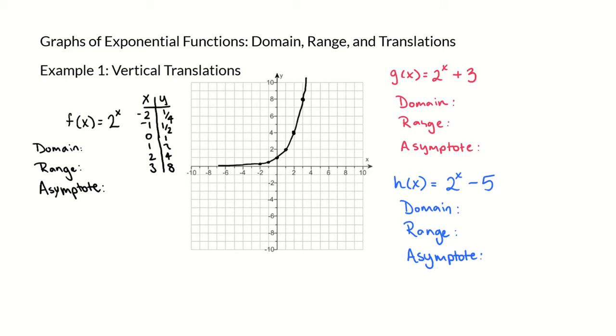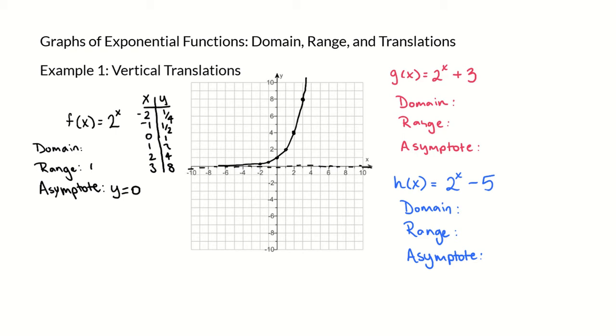Now, a few things to notice about this graph: it has an asymptote at the x-axis. So at y equals 0, and that asymptote affects the range. So the graph approaches the line y equals 0 as x goes towards -infinity.